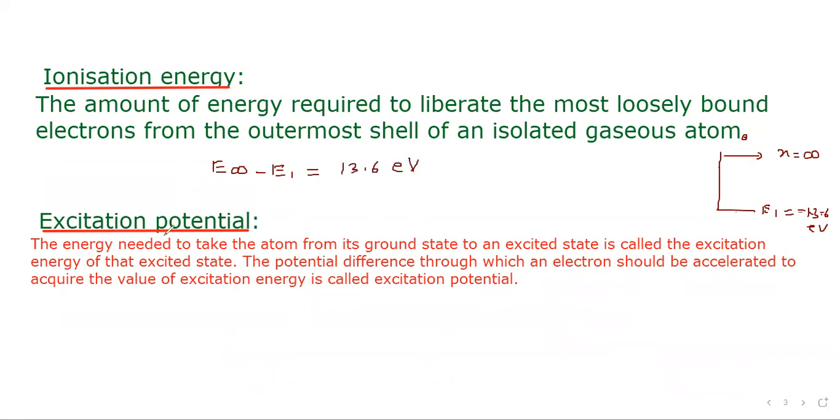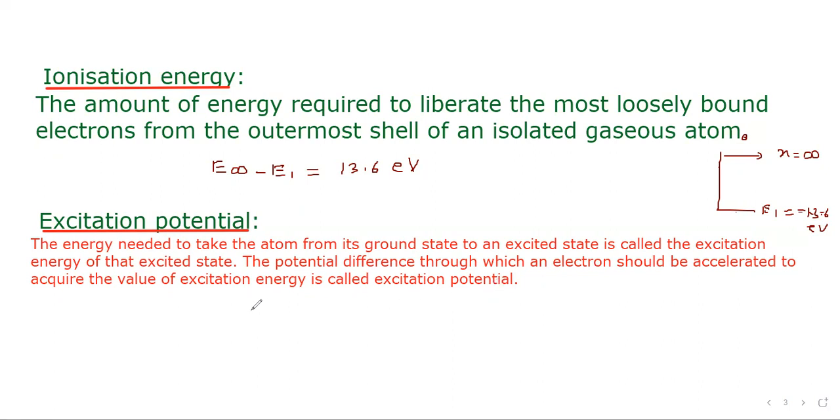Now consider excitation potential. The energy needed to take the atom from its ground state to an excited state is called the excitation energy of that excited state, and the potential difference through which an electron should be accelerated to acquire the value of excitation energy is called excitation potential.